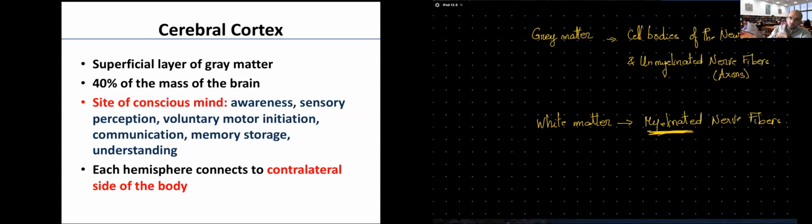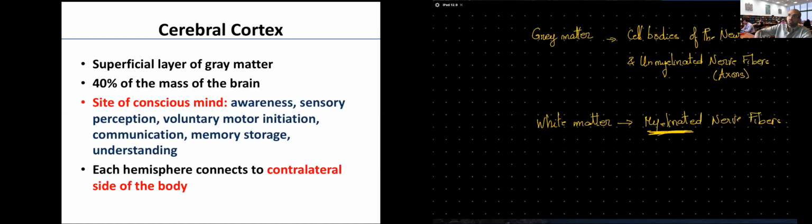Can you move your hand? Can you follow the light with your eyes? Can you hear me? Sensory, motor, memory. So all this is what we test to check the consciousness.